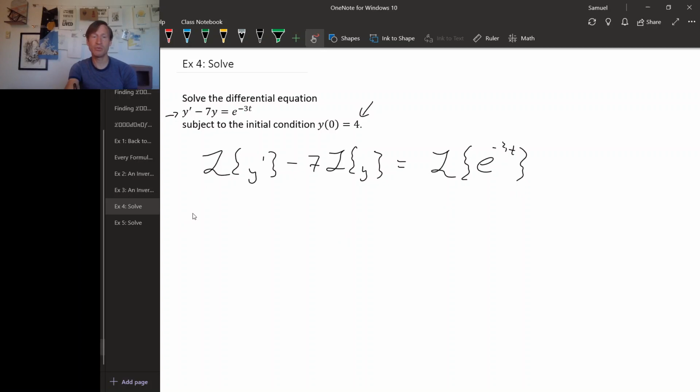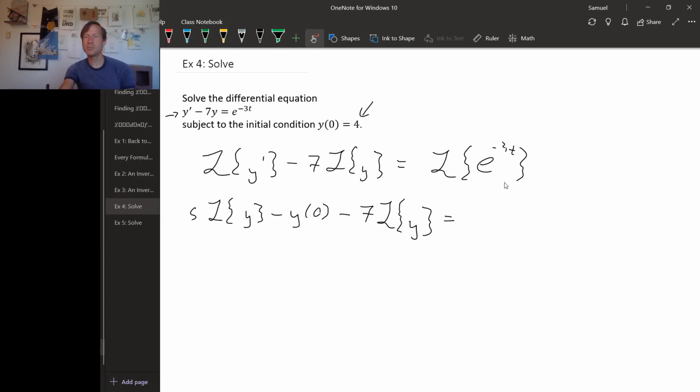So the Laplace transform of y prime is s times the Laplace transform of y minus y of 0, minus 7 times the Laplace transform of y, equals, and then the Laplace transform of e to the minus 3t. This is one that we have a rule for, right?